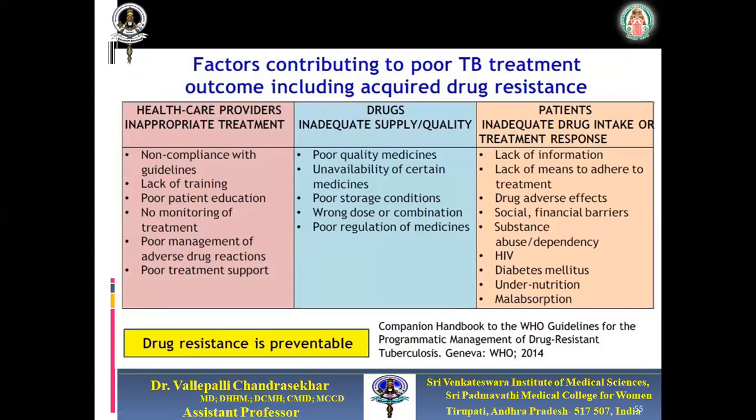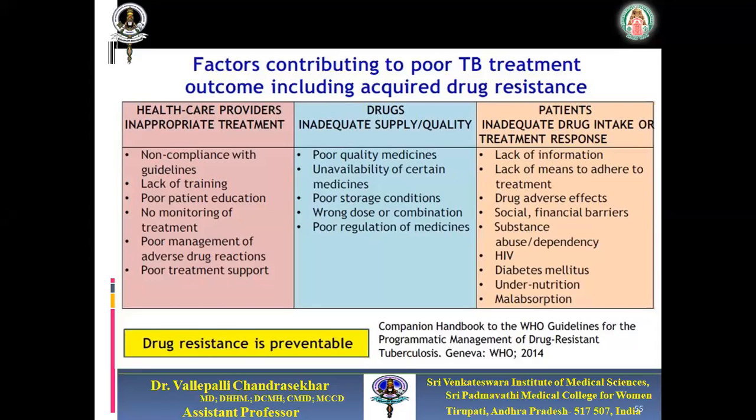Then the second broad category, drugs: inadequate quality or supply. Again, if there is poor quality of medicines or drugs, they will end up in drug resistance. Poor storage conditions, wrong dose or combinations if you are giving to the patients. Then the third category is patients: inadequate drug intake or treatment response. These conditions include lack of information, lack of means to adhere to treatment, HIV, tuberculosis, diabetes mellitus, malabsorption, social or financial barriers.